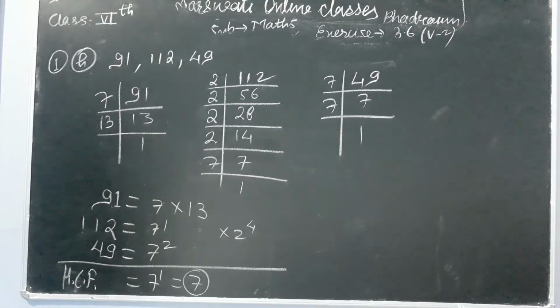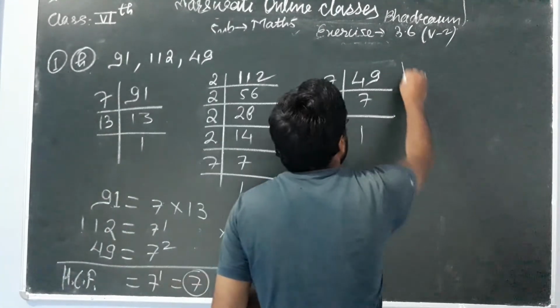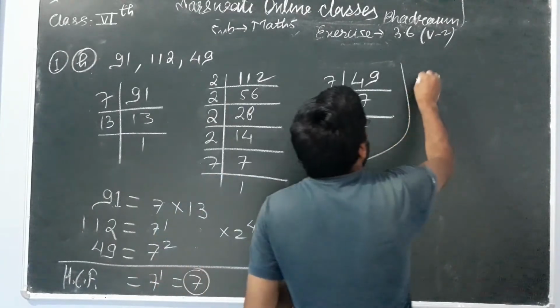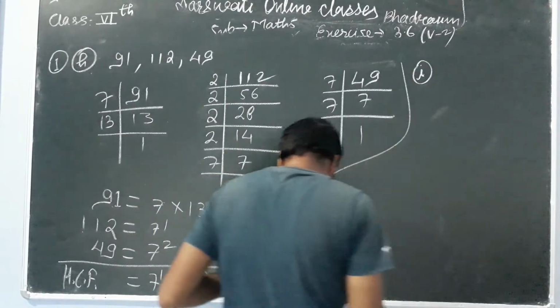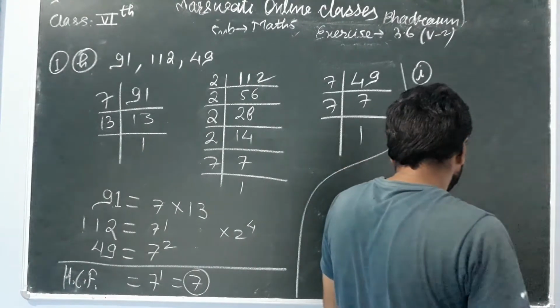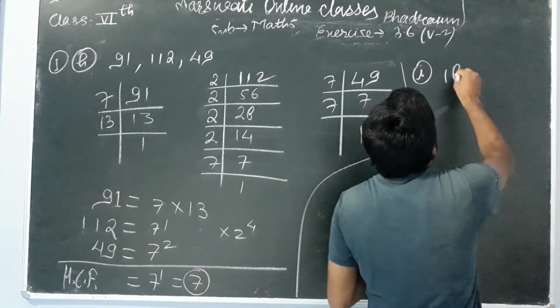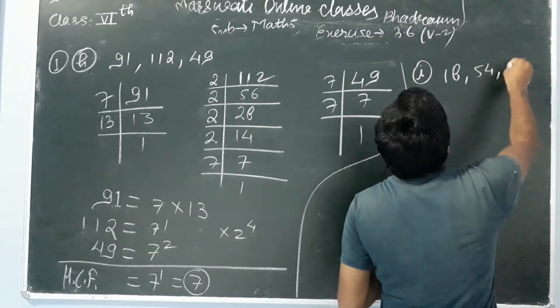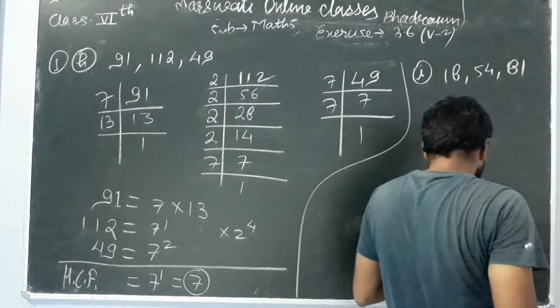Now we will go for the next, which is part I. Question number first and our part I is 18, 54 and 81.